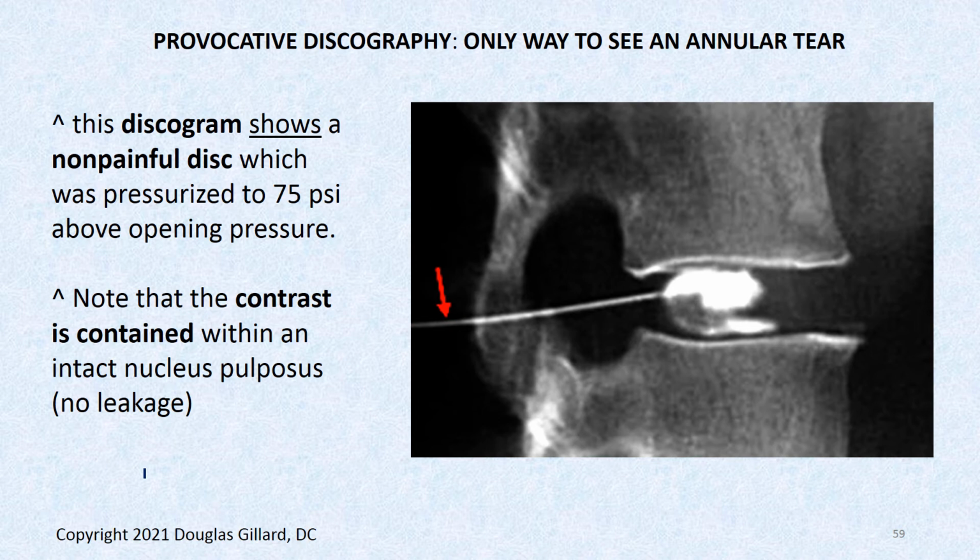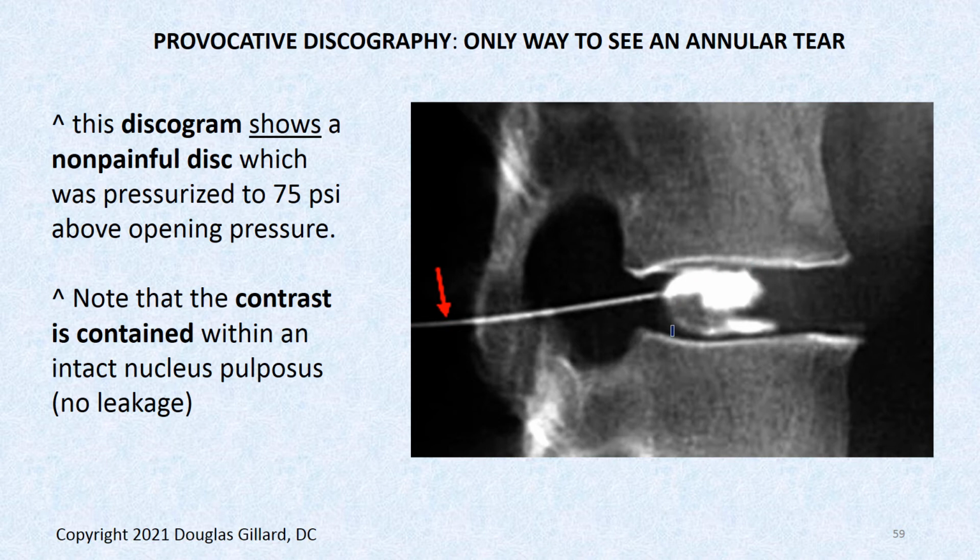Then you can maybe think about it, because poking a hole in the disc is not good for the disc. A good chunk of those people who get a hole poked in the disc end up needing fusion or discectomy within the next 5 years because the disc is doomed. It wrecks the disc, so you don't want to do this.